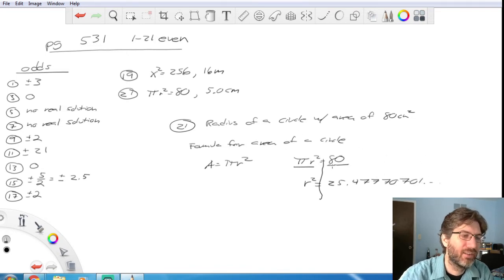It goes on like that. So the book is just rounding that to 25. If r squared equals 25, then you take the square root of both sides, and r equals 5.